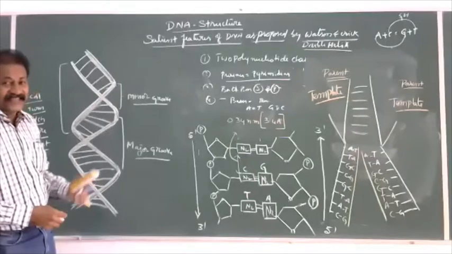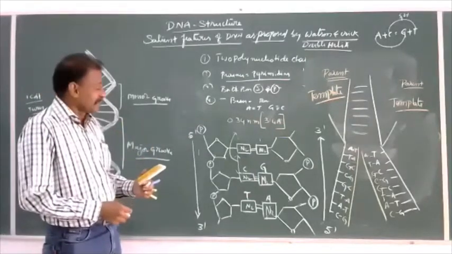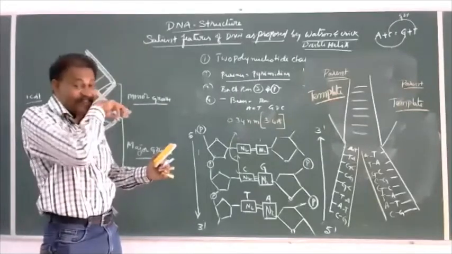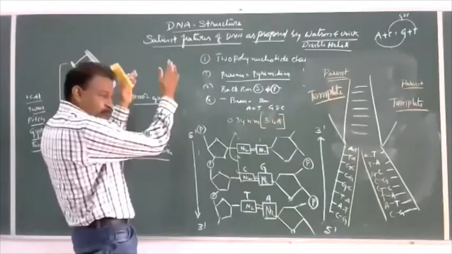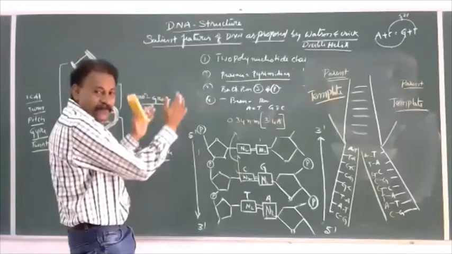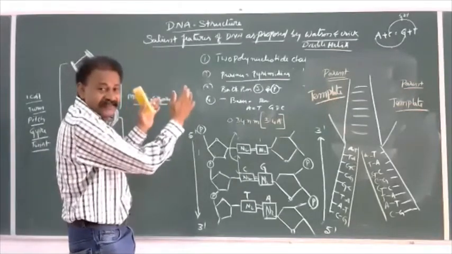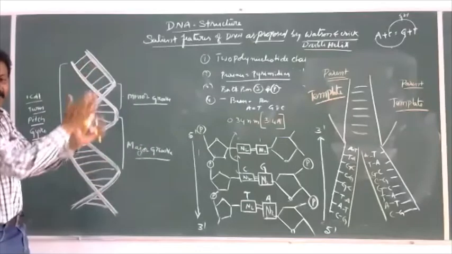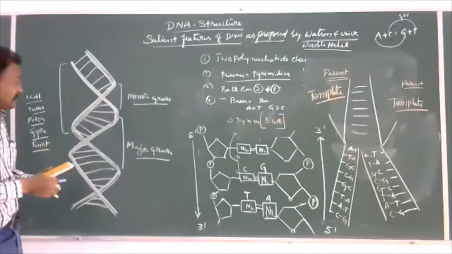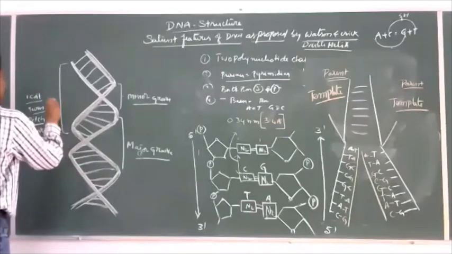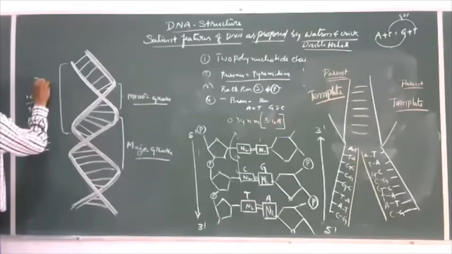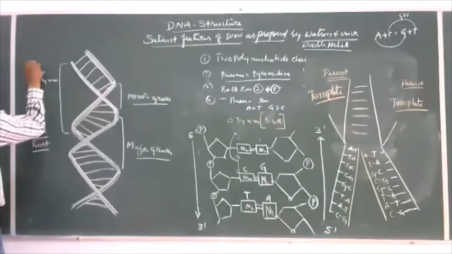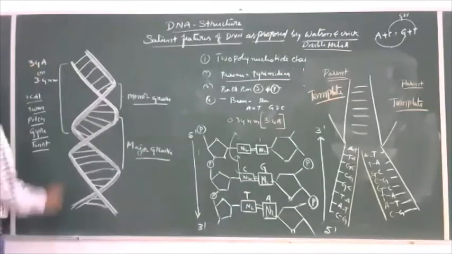And by the X-ray diffraction studies of Wilkins and Rosalind Franklin, they gave the idea that DNA has two polynucleotide chains which are anti-parallel, but they were not always straight, they were twisted. They were twisted at some places at a distance of 3.4 nanometers or 34 angstroms.